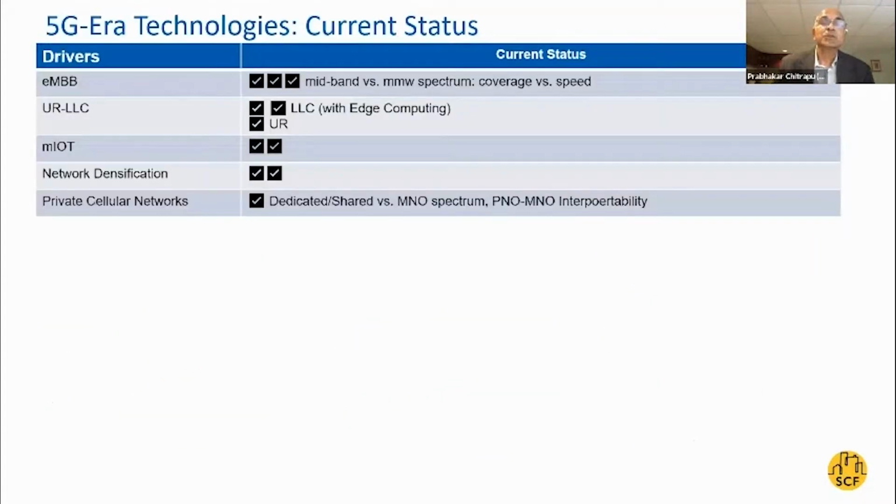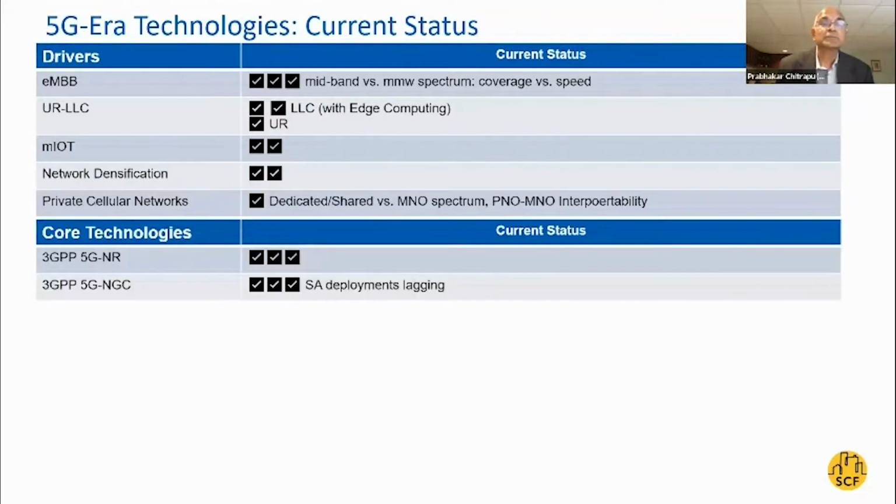Okay. So we thought that let's take a quick look at what is the status of 5G, right? And the drivers are several: eMBB, URLLC, massive IoT, densification, and private cellular networks. And each of these is at a different level of maturity as a snapshot of today. And we'll talk more about this in the Q&A perhaps.